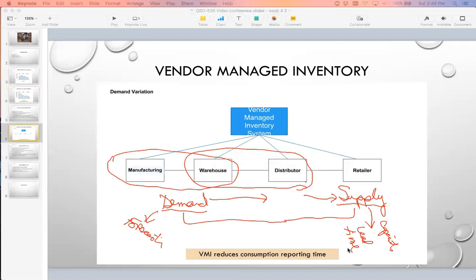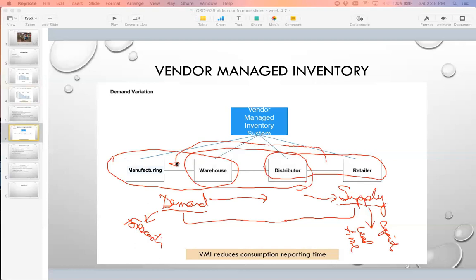Okay, and if you notice here, the distributor is directly linked to the end user. So ideally, any solution where you provide benefits within a VMI has to deal with this relationship and how it is communicated to manufacturing. Okay. Does that make sense?